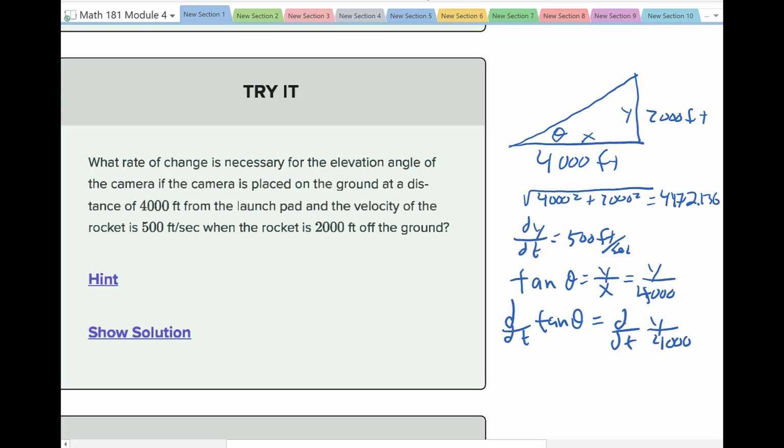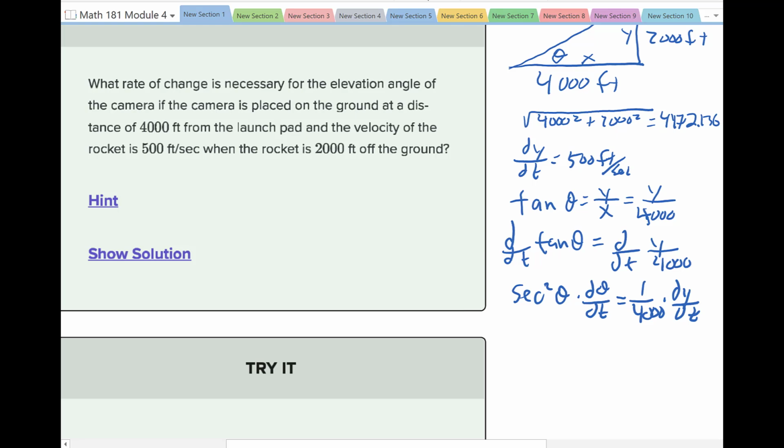We would have the derivative of tangent, remember this is secant squared theta, times d theta dt equals 1 over 4,000 times the derivative of y, which is 1, so then just dy dt.